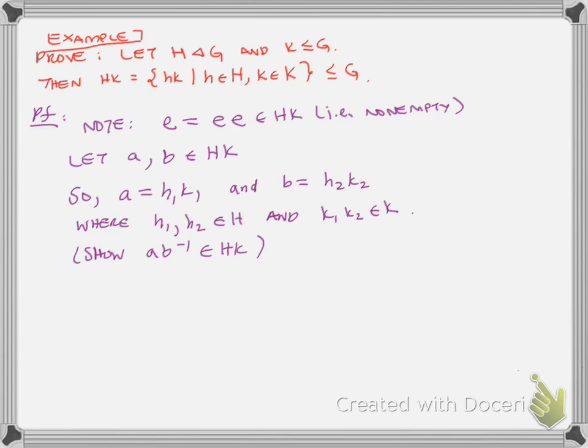All right, let's show that. We need to think about what b inverse would look like. Because it is still in G, we know b inverse exists.